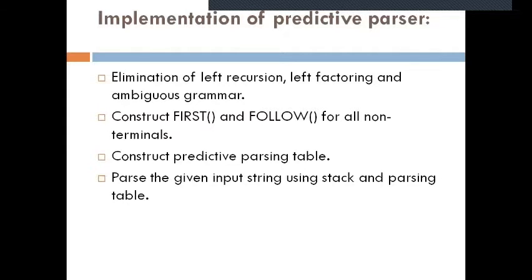Second step is construction of first and follow for the given grammar. The third step is construct the predictive parsing table. And the final step is parse the given input stream using stack and by using the parsing table. So in this lecture, we are going to see how we can construct the first and follow value for the given grammar.